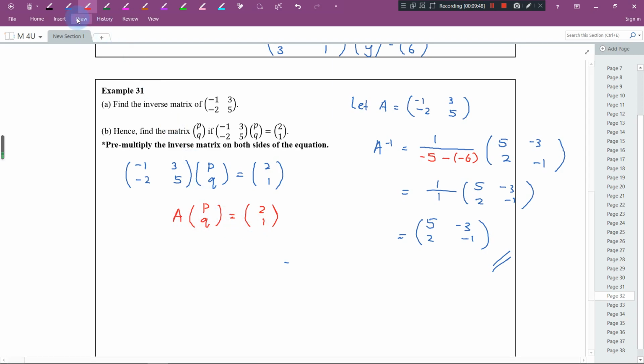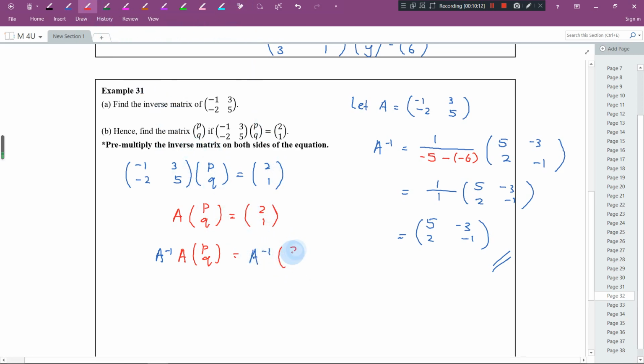We multiply both sides by the inverse matrix of A. Whatever we do for the left hand side, we do exactly the same thing for the right hand side.